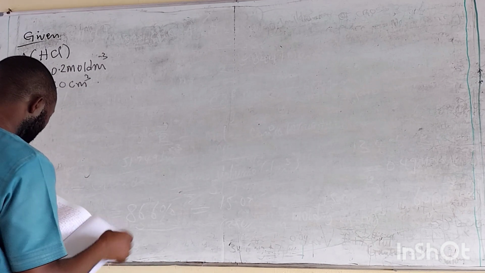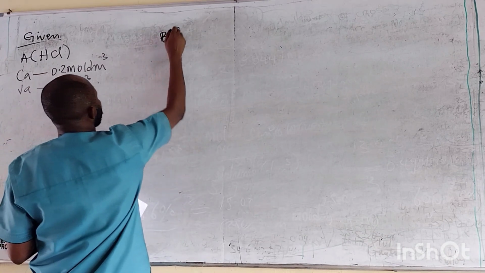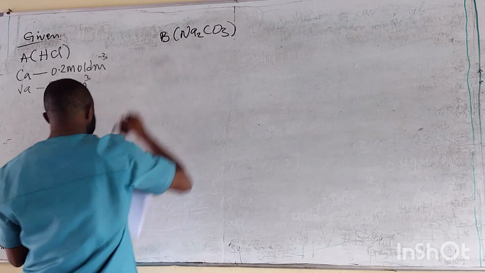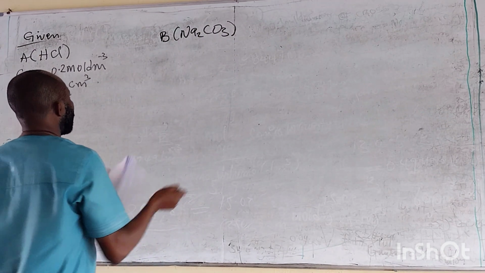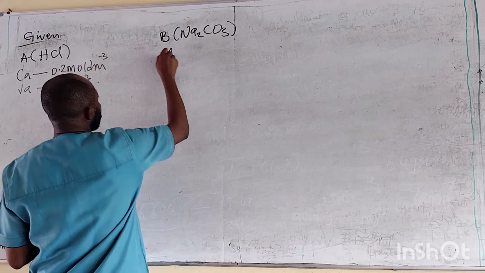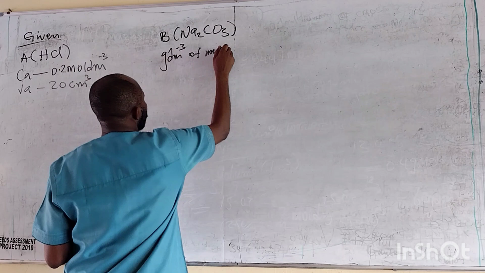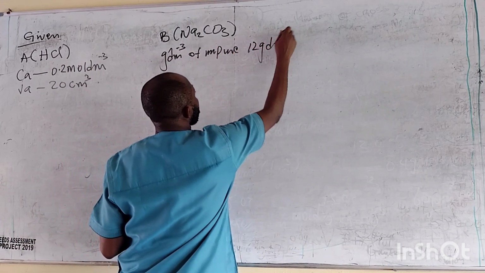Now, for the base B, sodium trioxocarbonate 4, the mass concentration of impure is 12 g/dm cube.